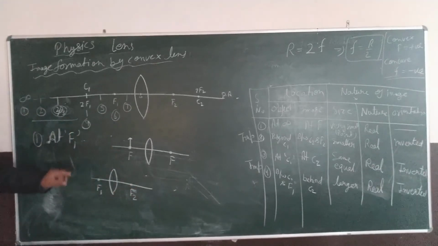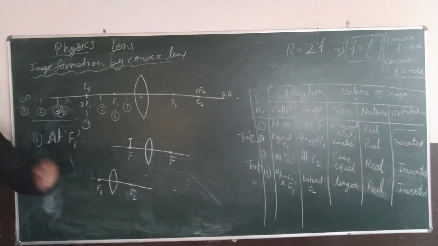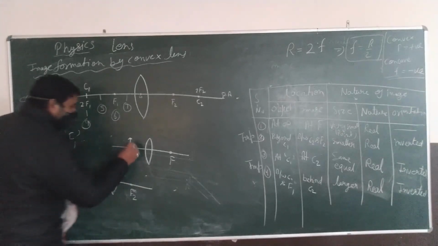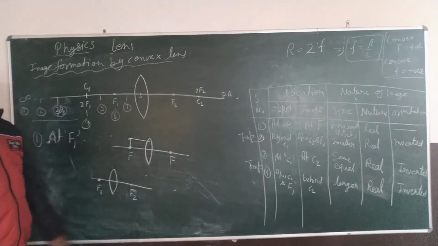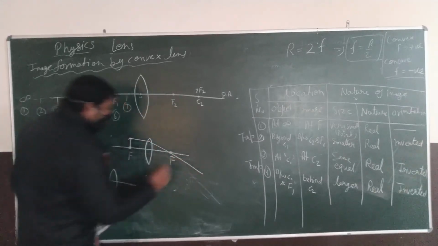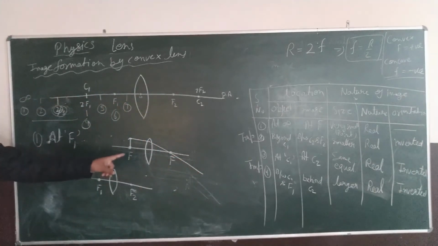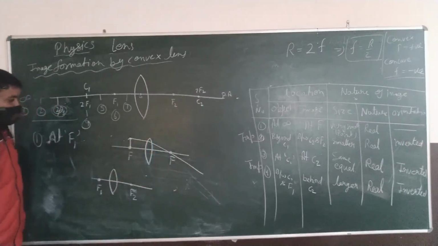One is a point object, and second is a length object. When the light is traveling from the focus, it will travel parallel to the principal axis.